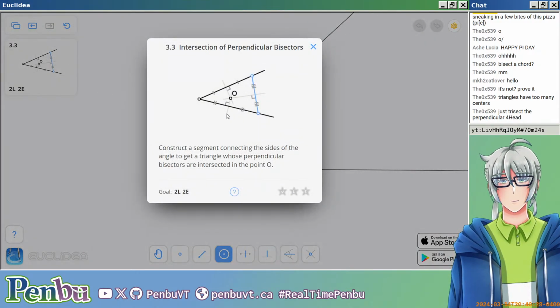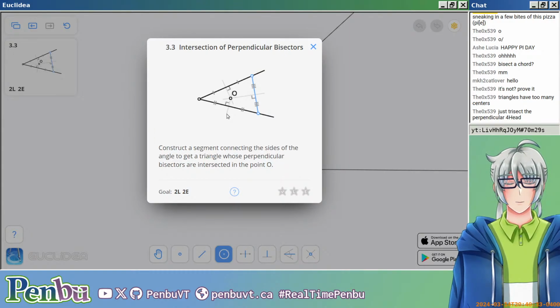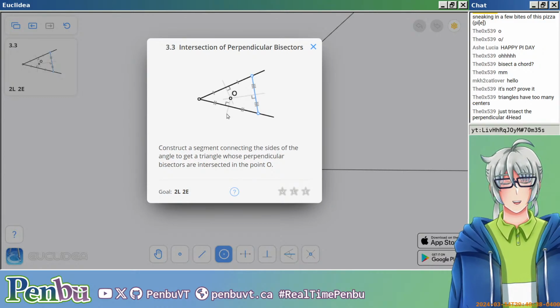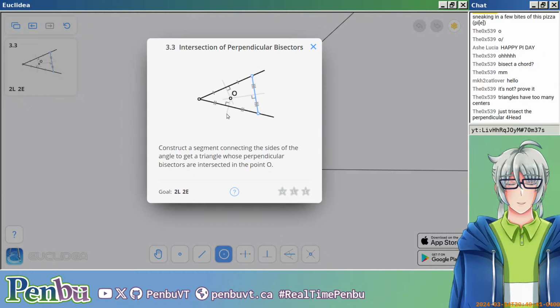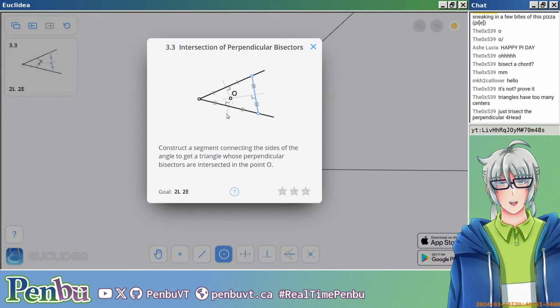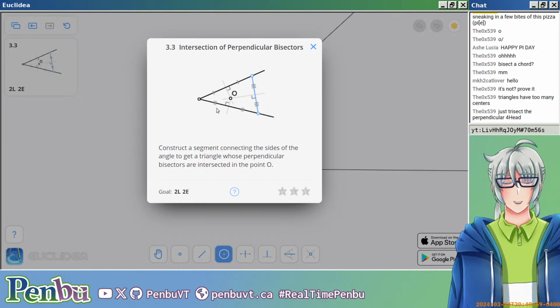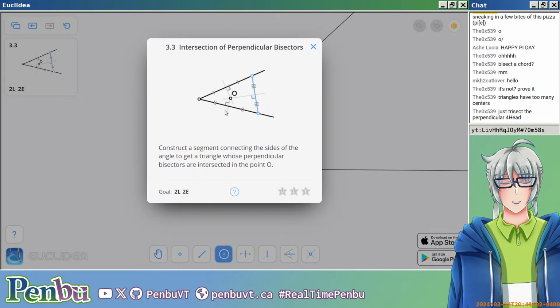Gonna move on. Intersection of perpendicular bisectors. Construct a segment connecting the sides of the angle to get a triangle whose perpendicular bisectors are intersected in the point O. Alright, what are they asking for here? Perpendicular bisectors being the bisectors of the sides, so a line that is perpendicular to the side that splits the line into 2 equal parts.